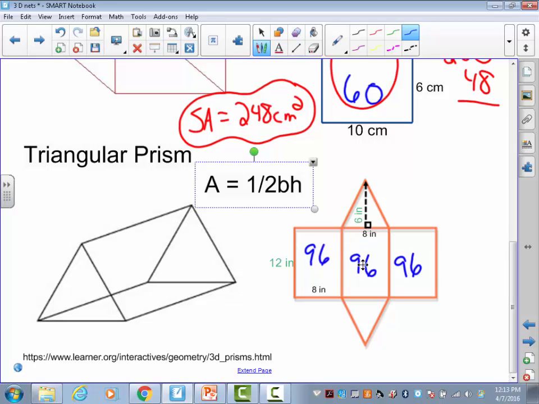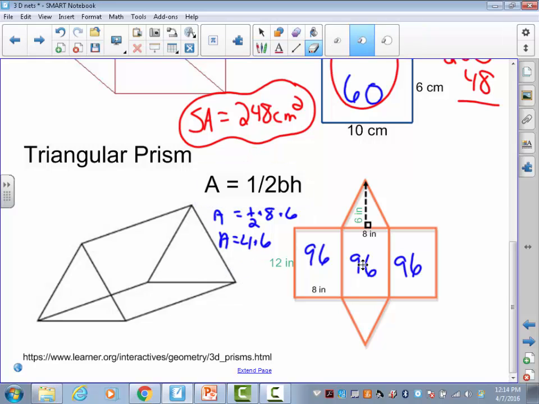So I'm going to substitute in here A equals 1/2, base 8, height 6. I'm going to cut the 8 in half because it's bigger. 4 times 6 is 24. Alright, so my triangle is 24, my triangle is 24, they are the same.